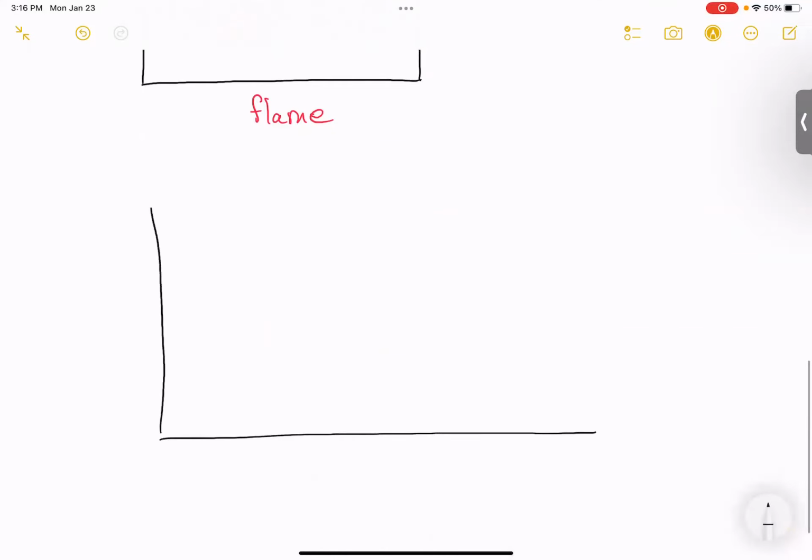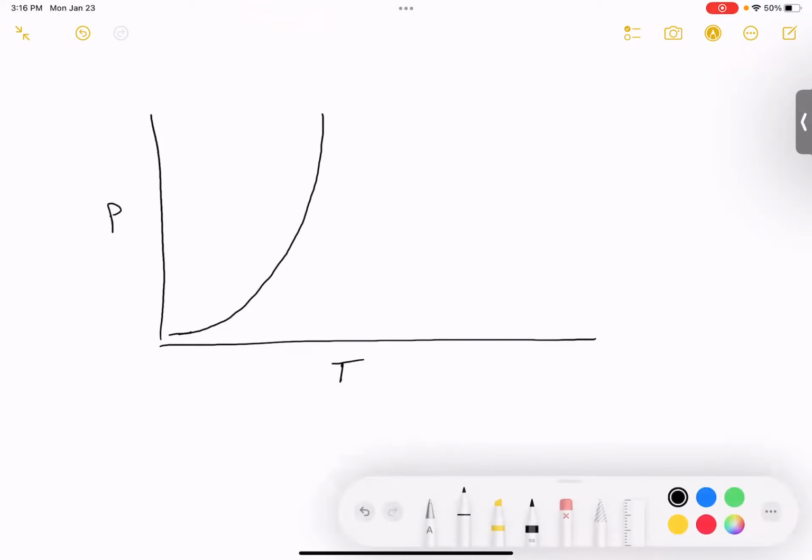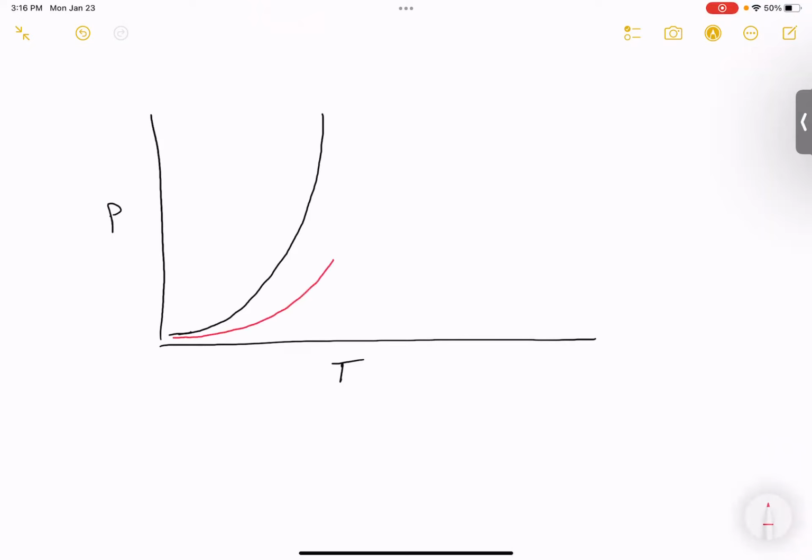And if you graph vapor pressure versus temperature, what you will see is that you will have fewer molecules at lower temperatures, but as you increase the temperature, you're going to have greater numbers of molecules and therefore greater pressure. You have fewer molecules at the lower temperatures, but as you increase the temperature, you're going to increase the number of molecules going into the gas phase, so you'd have greater vapor pressure.